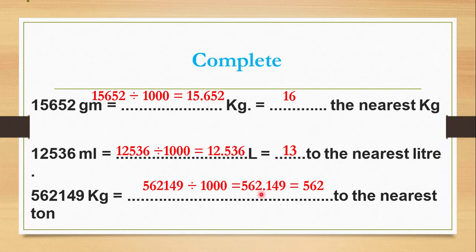So don't add 1. The result will be 562. So don't forget, if you want to approximate to the nearest unit, like kilogram, gram, ton, milliliter, or liter, or any unit, the first step you should convert into this unit. Then approximate to the nearest whole number.